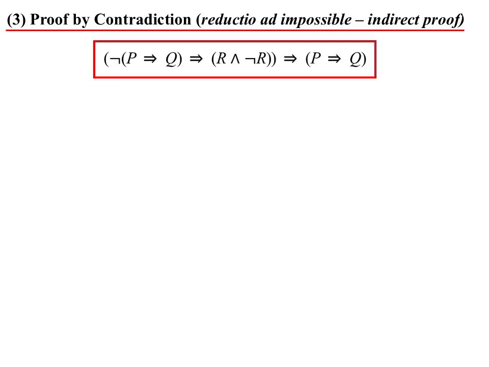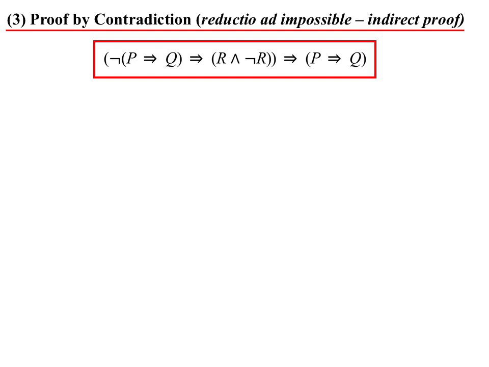Now, the next type of proof, which we did see last year, is proof by contradiction, reductio ad impossible. So it's an indirect proof. In formal language, that's basically the situation we're talking about here. Because remember, in proof by contradiction, we assume the negation.